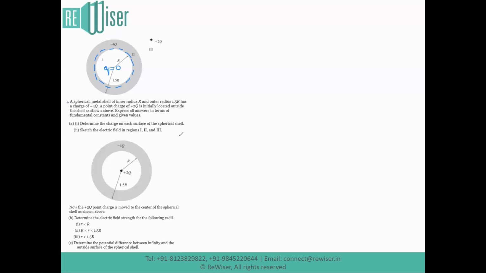Moving on, sketch the electric field in regions 1, 2, and 3. We understand that inside a metal shell, the total charge contained is 0. And since the total charge contained is 0, the total field is also 0, which means there will not be any electric field lines in the first region.